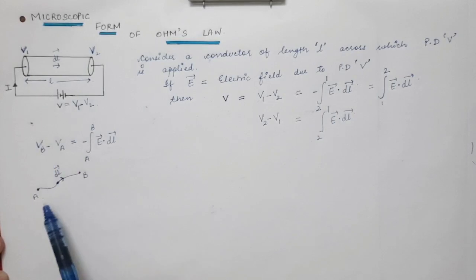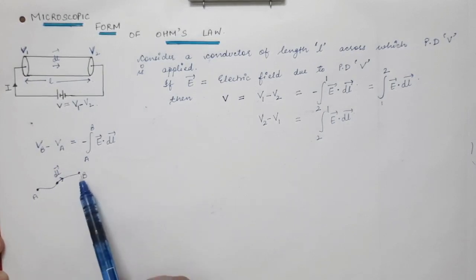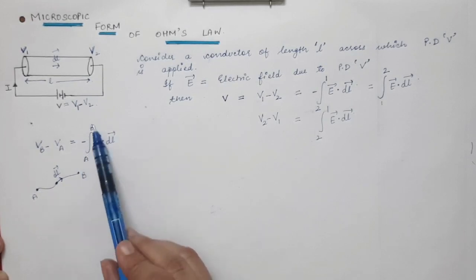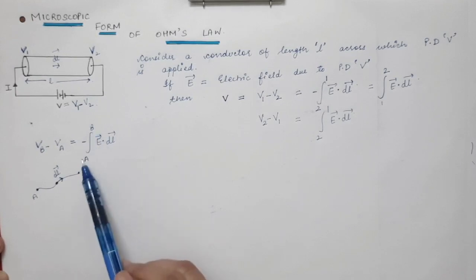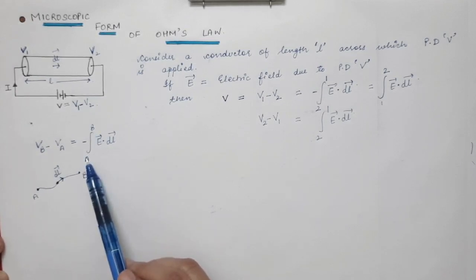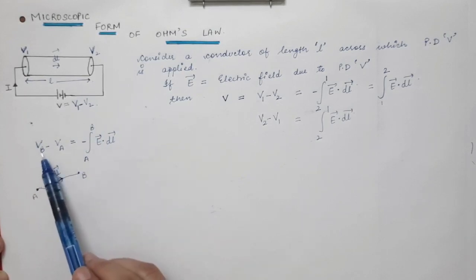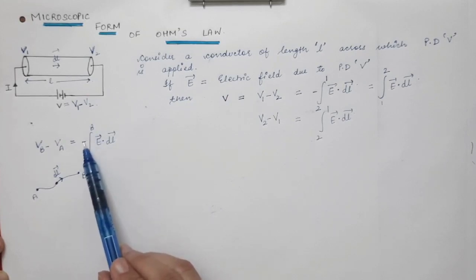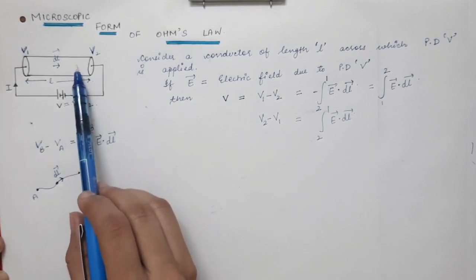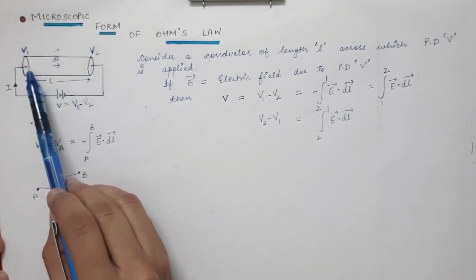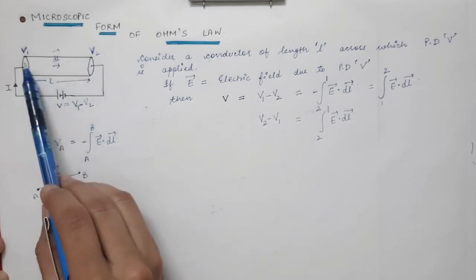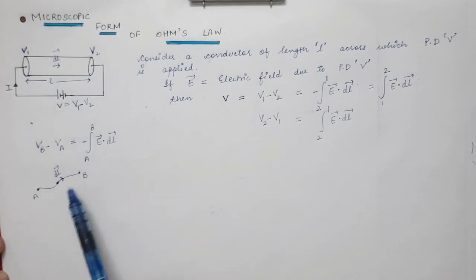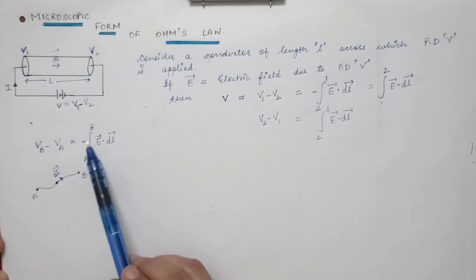As in the earlier case we had a negative sign and integration limits from A to B, and when you interchange the limits you will have B to A. So in this case also we are finding V2 minus V1, going from this point to this point, so the limits are from 2 to 1 when you compensate this negative sign.